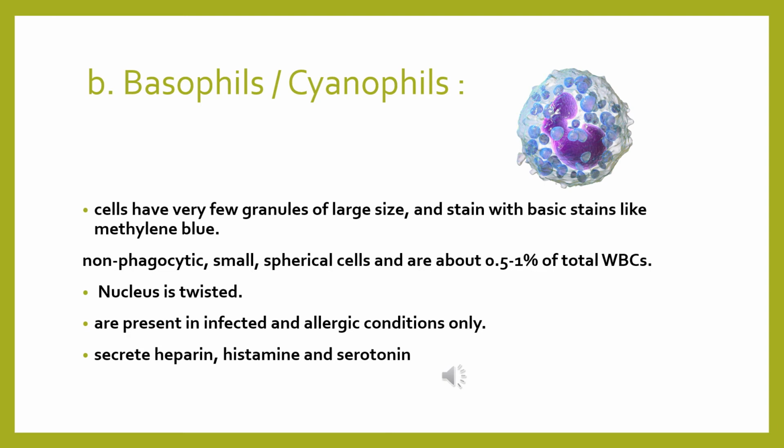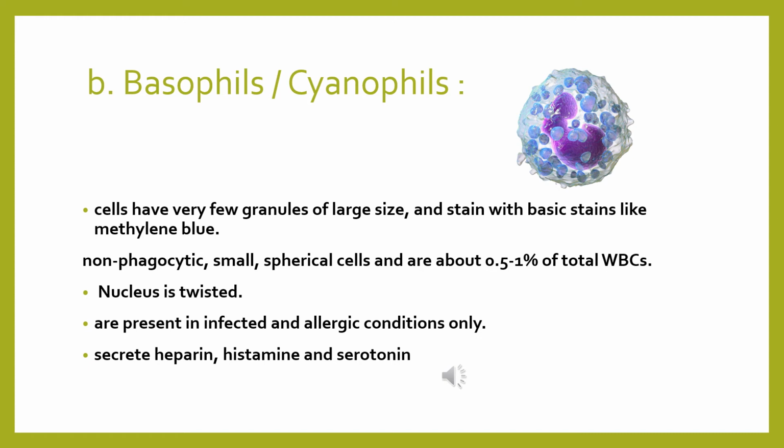And these granules can be stained with the help of methylene blue. Now these basophils are small spherical cells. They are non-phagocytic, and they are just about 0.5 to 1% of the total WBC. In this diagram, we can see that the nucleus of a basophil is S shaped, or twisted.